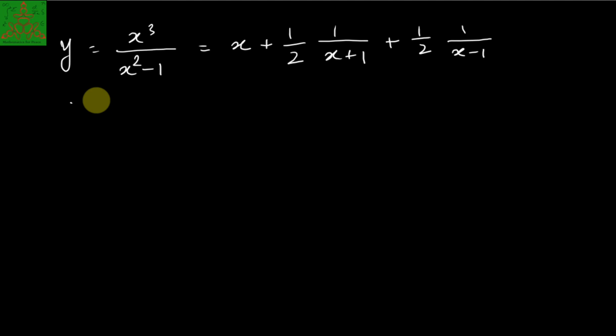Now if I take the nth derivative on both sides, but if I directly take the nth derivative, this will become 1 because the first derivative of x is 1. So I am taking the first derivative on both sides.